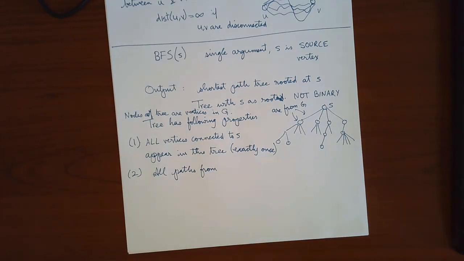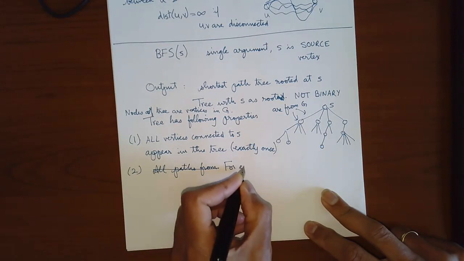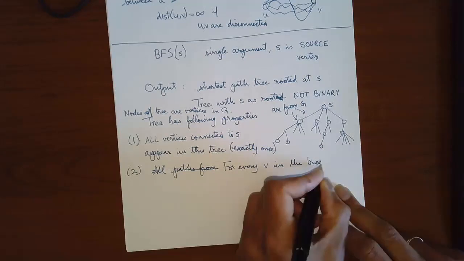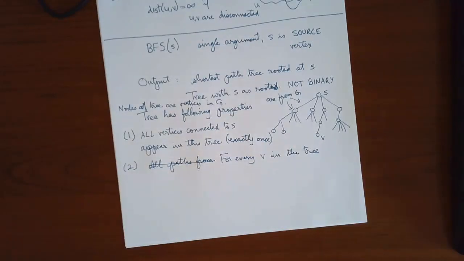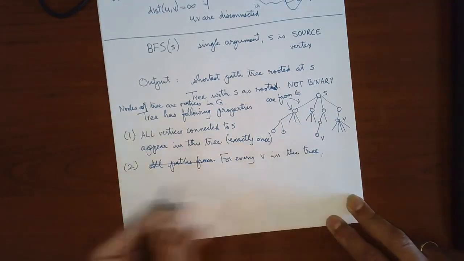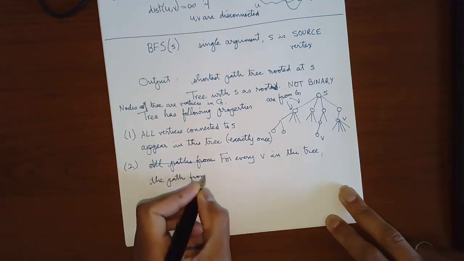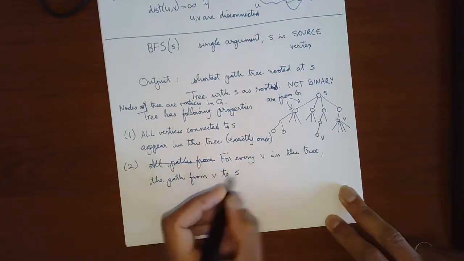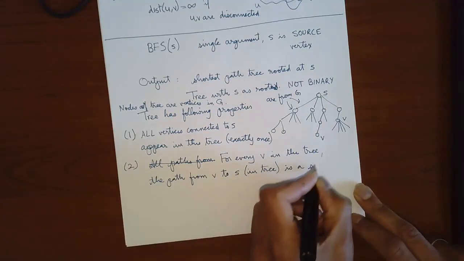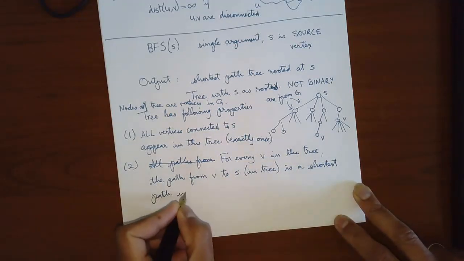Let me restate this more carefully. For every V in the tree, it could be a leaf or it could be an internal node, the path from V to S in the tree is a shortest path in the original graph.